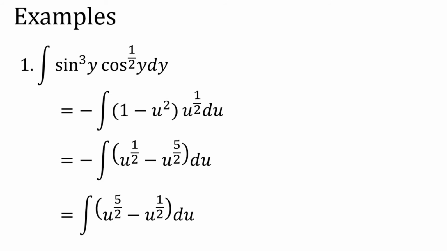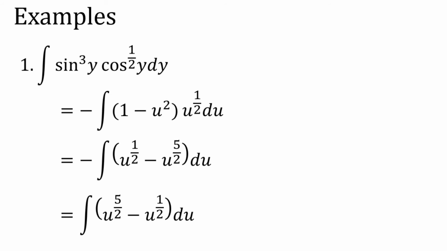So let us distribute the negative sign outside the integration symbol. Multiplying negative 1 to u to the 1/2 and negative u raised to 5/2 will result to u to the 5/2 minus u to the 1/2. So now we have the integral of u raised to 5/2 minus u raised to 1/2 du.